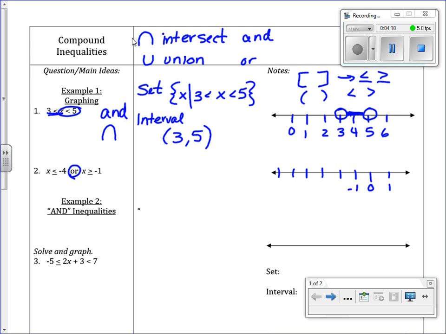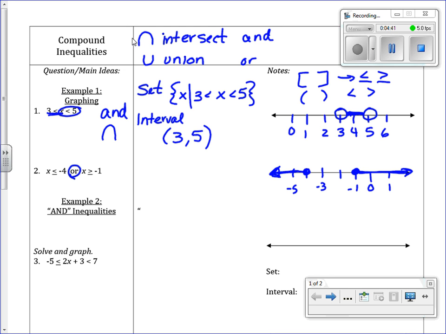So -1, -3, -5. Okay. So it says greater than or equal to -1, so I color in my circle. I'm sorry, I'm reading the problem backwards. X less than or equal to -4, so I color in my circle there, and I'm going to the left. Greater than or equal to -1, I color in that circle, go to the right.